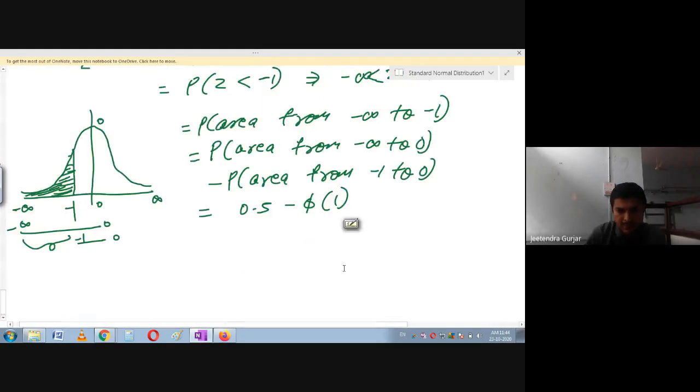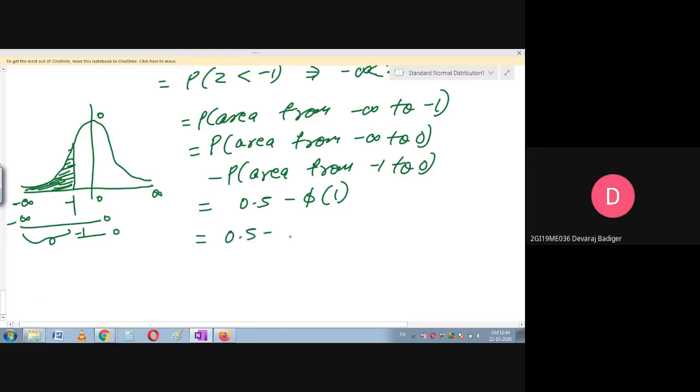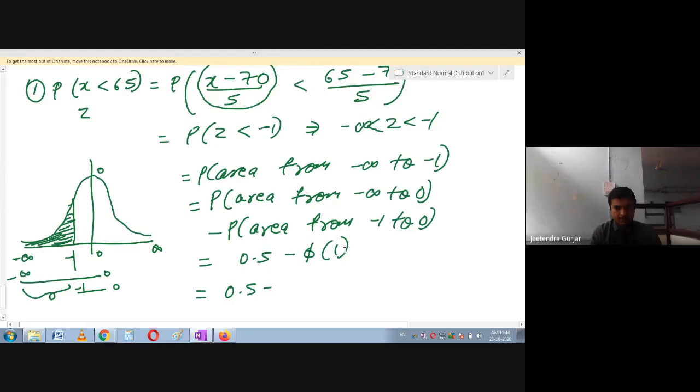Substitute in the calculator and tell me, yes, what is phi of 1? Excuse me, sir. Yes, tell me. So why did you take 1 there? Yes, it is 1 means the area will never be positive.